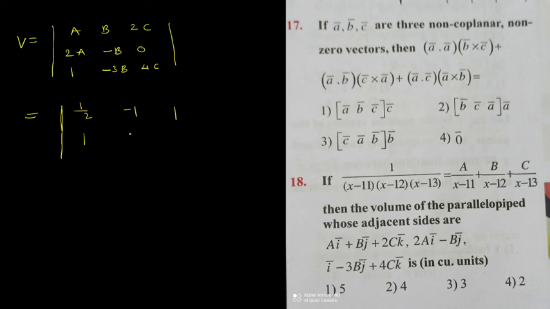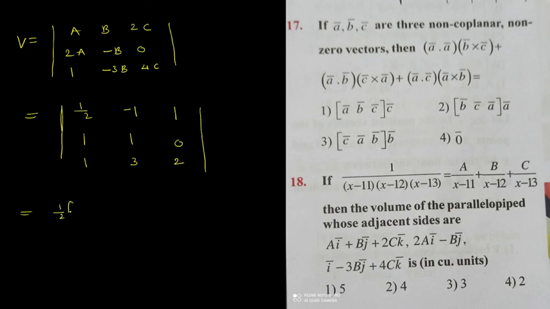Minus b, minus of minus is plus 1. Next 0. Then 1, minus 3b where b is minus 1, minus minus plus 3, and c is 1 by 2, therefore 2c, finally this will be 2. So expand that, you will get the answer.